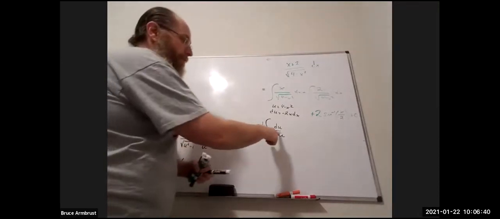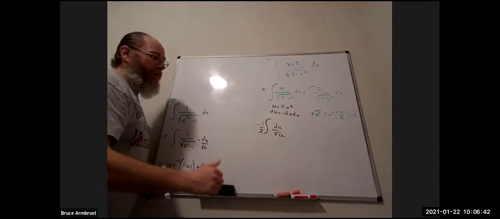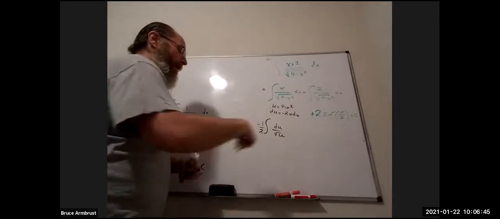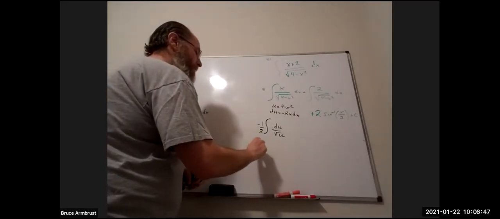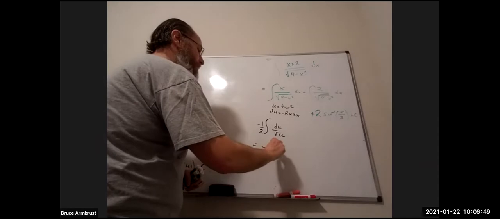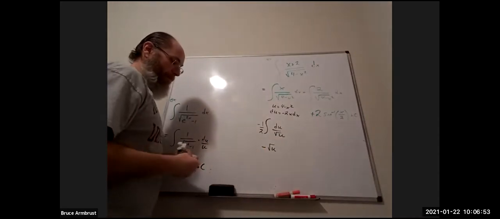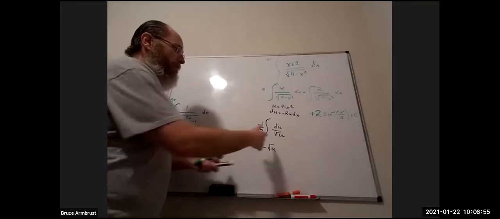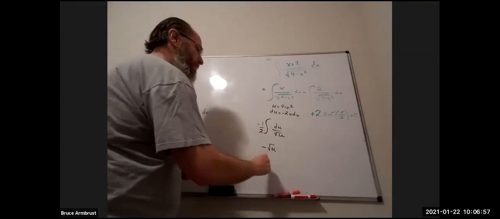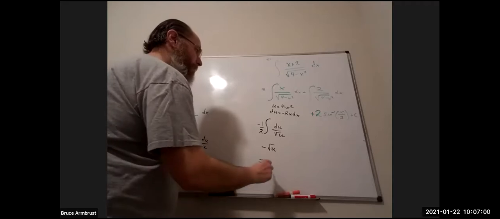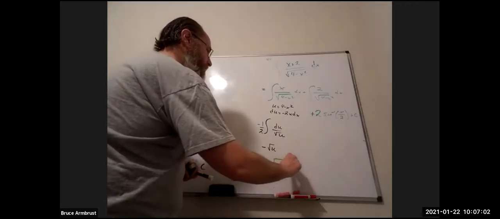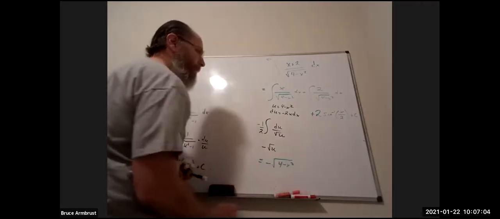So if we integrate this, this is u to the minus 1/2, it becomes u to the 1/2 divided by 1/2. So this becomes negative square root of u. If we substitute back in our u, we get negative square root of 4 minus x squared.